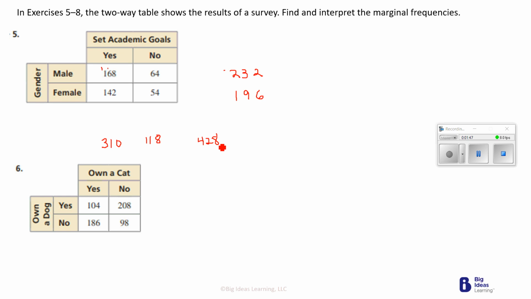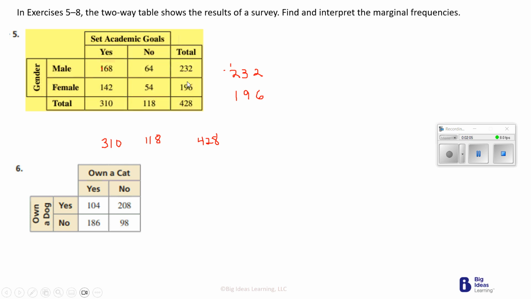And you see we're going to get the same amount here, right? 2 plus 6 is 8. 3 plus 9 is 12, carry the 1, and 2 plus 1 plus 1 is 4, right? So let's see how we do there. Oh, perfect. 232, 196, 428, 118, and 310. So all my numbers were correct.